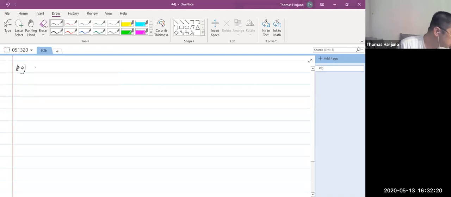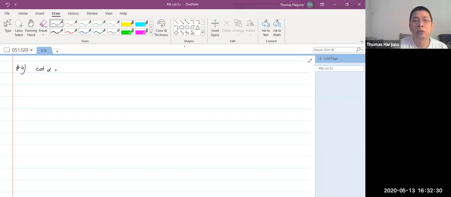Okay, cotangent alpha equals negative 1 over radical 3. So the thing is, I don't memorize the value for cotangent.